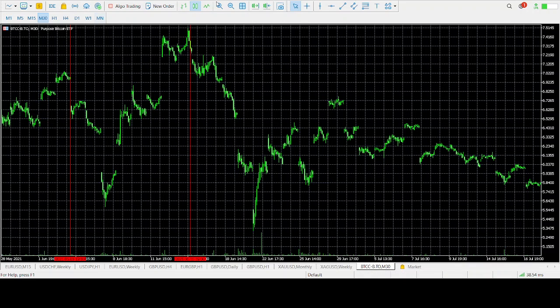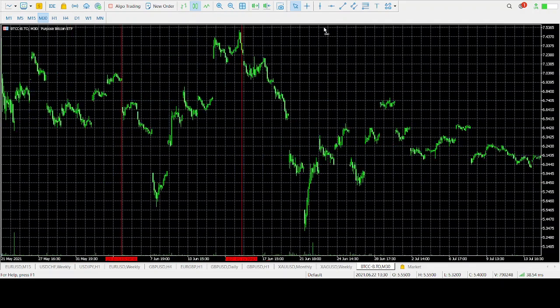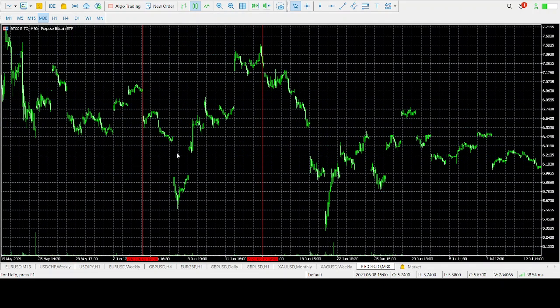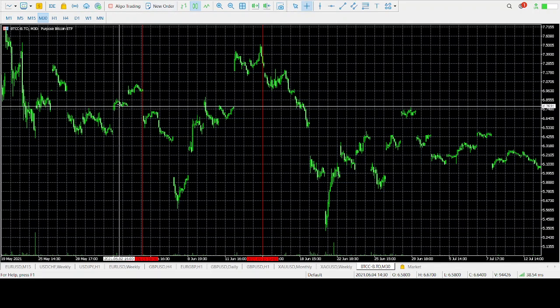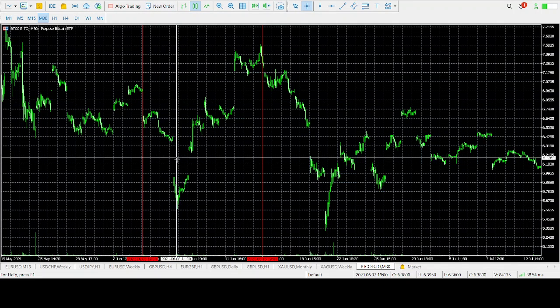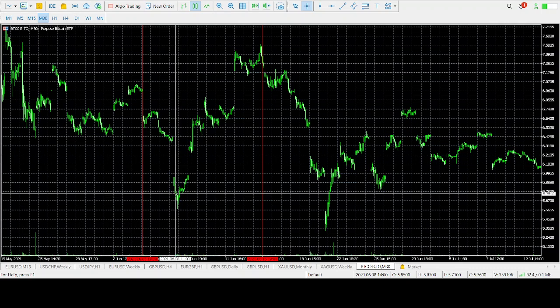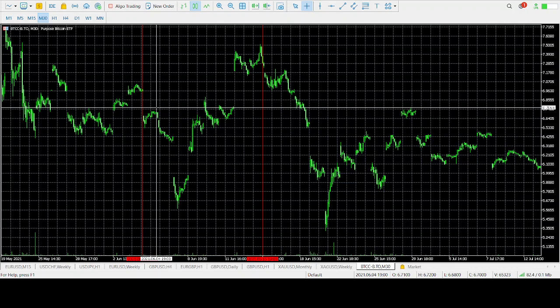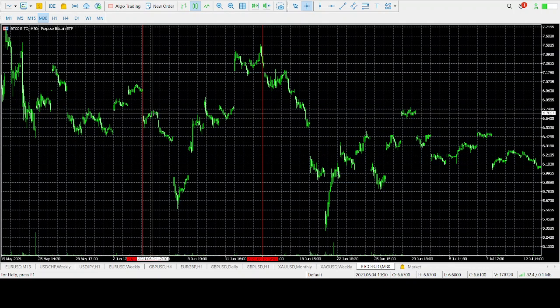So here we have the island reversal pattern, and it basically goes like this. The market is going down, and suddenly we have a gap in the market.